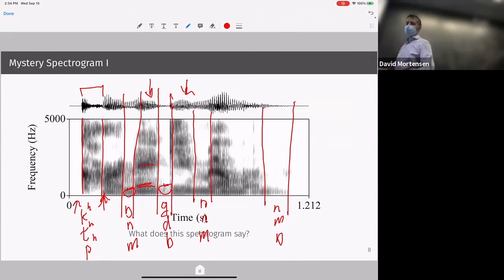Okay, so this is sort of a mid-frontish vowel. Has anybody heard of the IPA vowel chart? If we were to look at the IPA vowel chart, what vowels could be in this area? Yeah, like the E sound. That's epsilon.